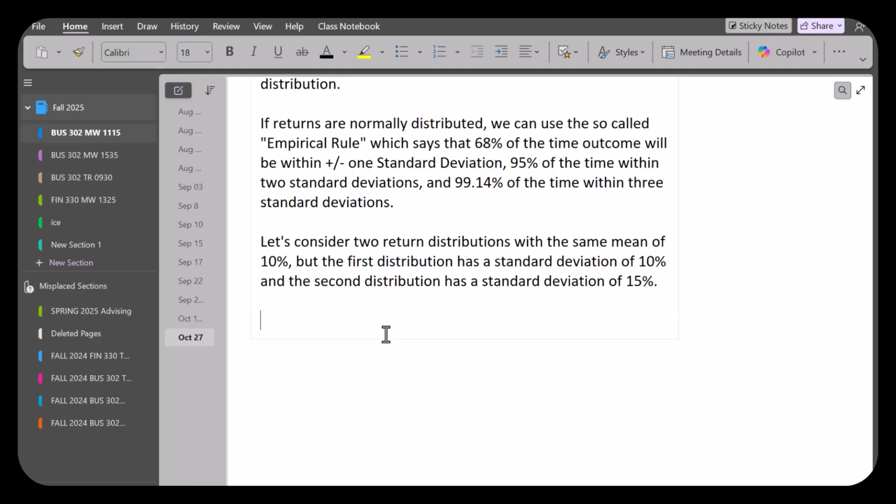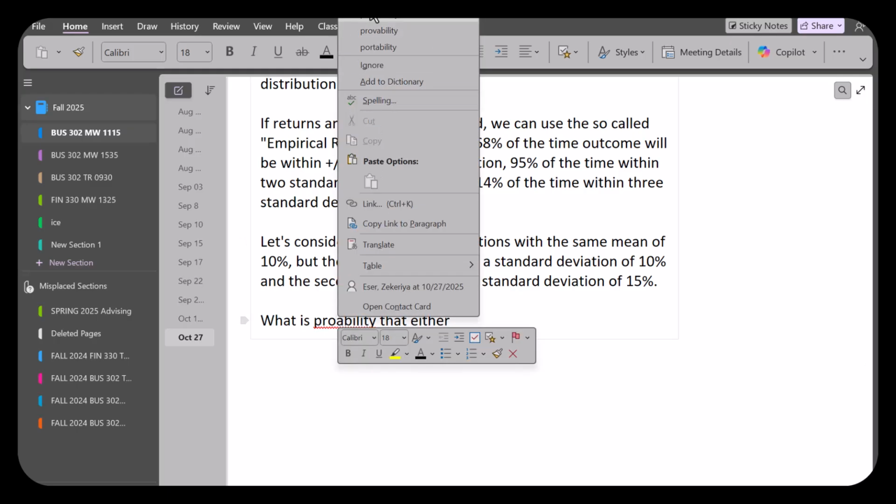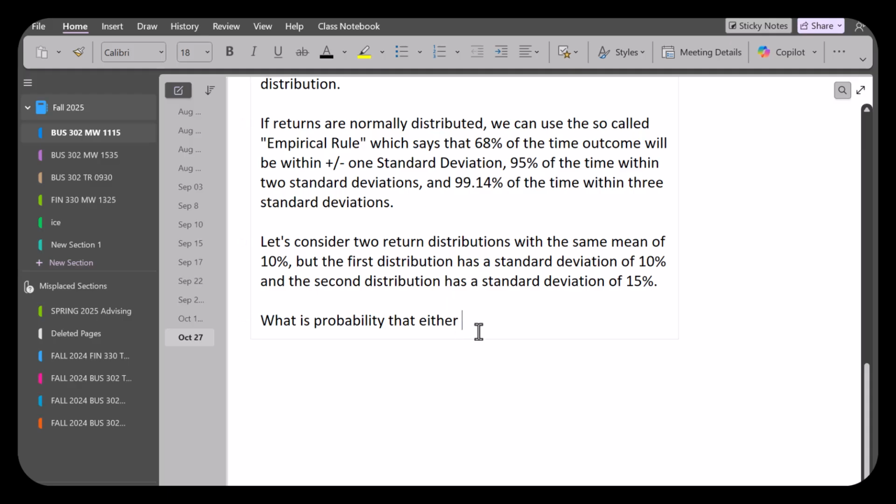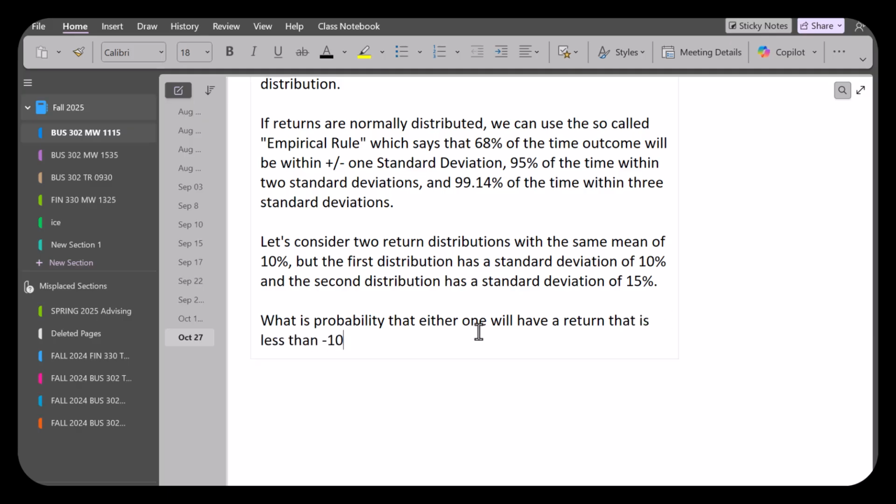Right? And let's ask the following question. What is the probability that either one will have a return that is less than negative 10%?